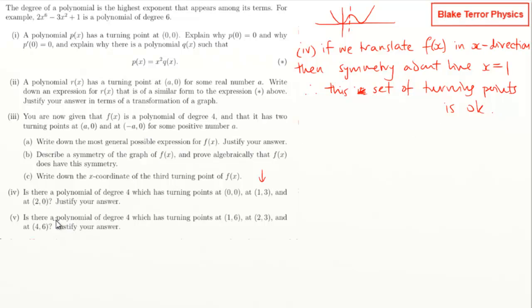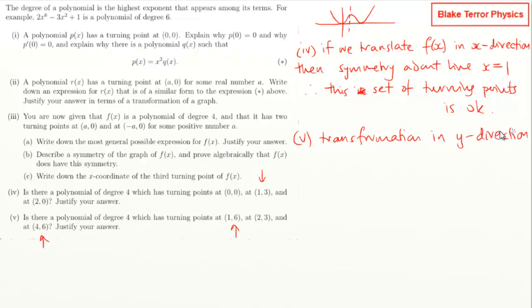Right. Part 5. Is there a polynomial of degree 4 which has turning points (1, 6), (2, 3) and (4, 6)? So, well, they're not evenly spaced because we've got 1, 2, 4 for x direction, and they're not on, oh, they've moved both of these up to 6. So we've translated, a transformation in y direction.